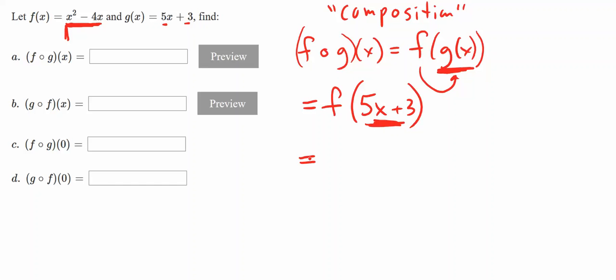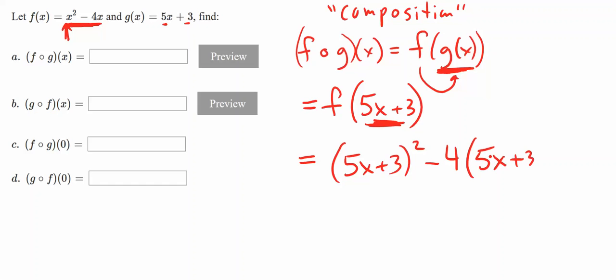So the f function again squares something, and that something is my variable, 5x plus 3. And then it multiplies by 5x plus 3. This one you have to do on the side maybe: 5x plus 3, multiplied by another 5x plus 3, or squaring it.